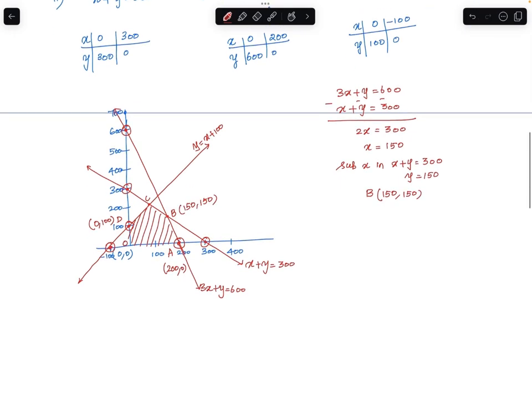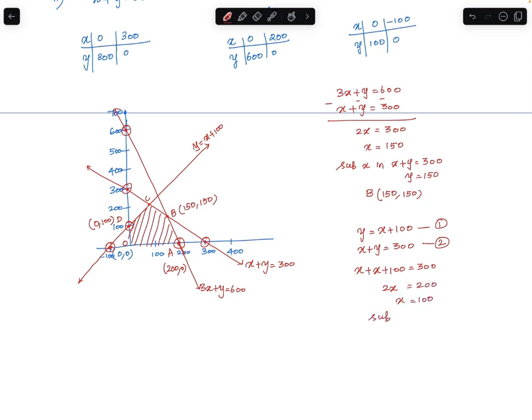C is the intersection of y equal to x plus 100 and x plus y equal to 300. Here I prefer to do a substitution method. Substituting y in the second equation, we get x plus 100 equal to 300. 2x is 200, x is 100.